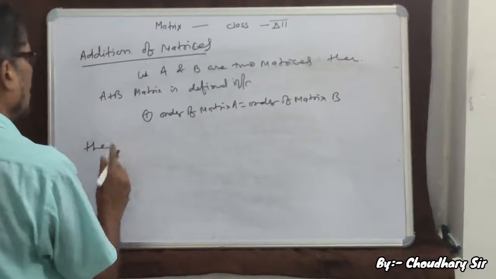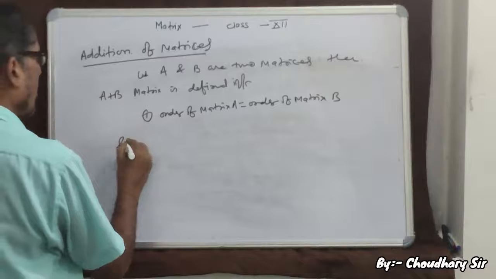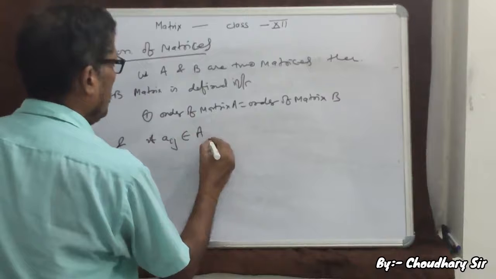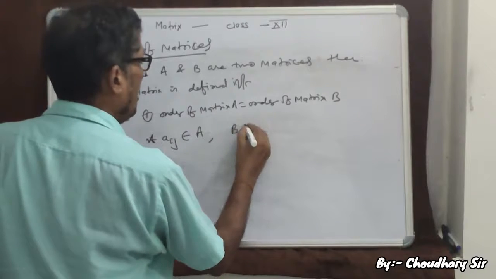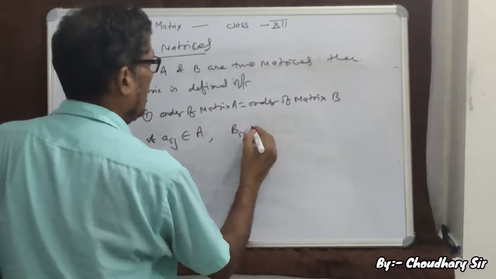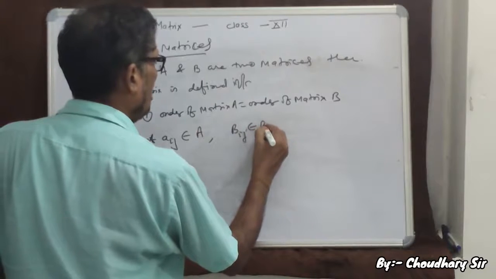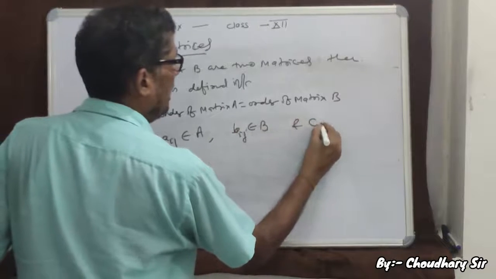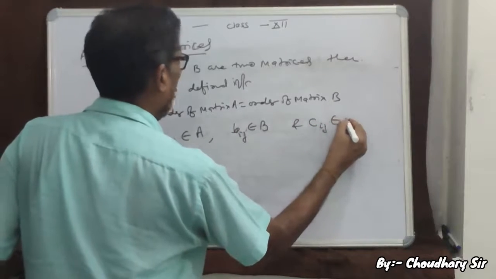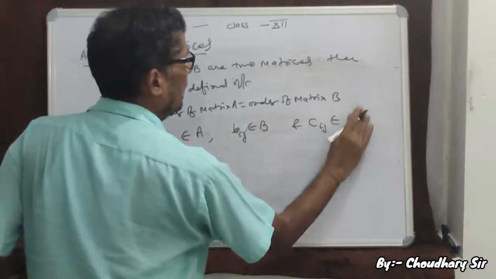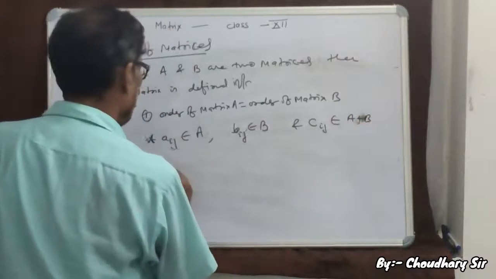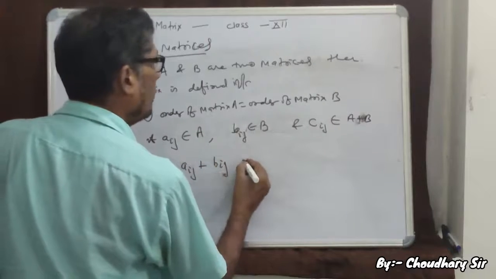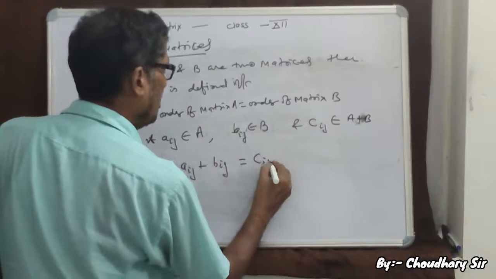Then, if Aij is the element of matrix A, Bij the element of matrix B and Cij the element of matrix A plus B, this implies Aij plus Bij must be equal to Cij.